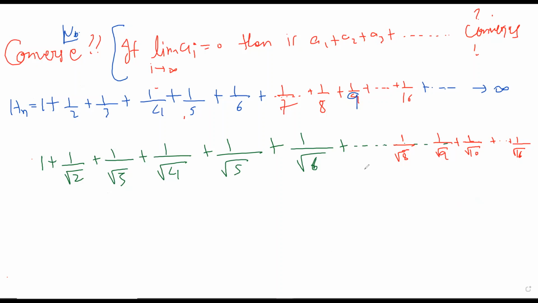So every term is bigger. There's no chance this does not diverge. If the smaller one diverges, the bigger one obviously diverges.